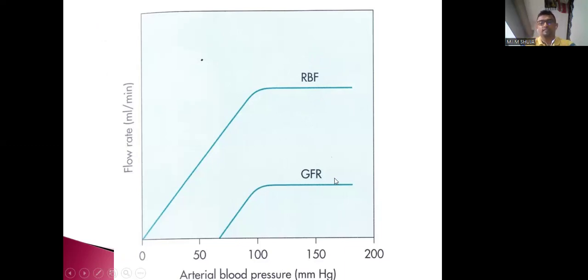So there is no reduction or increase in the GFR even though your mean arterial blood pressure increases within that range. Because of the autoregulation, renal blood flow is maintained constantly. When it is maintained constantly, your glomerular filtration rate is maintained.